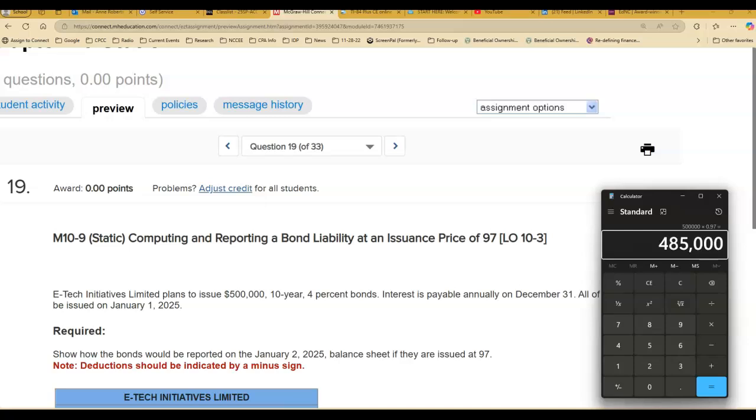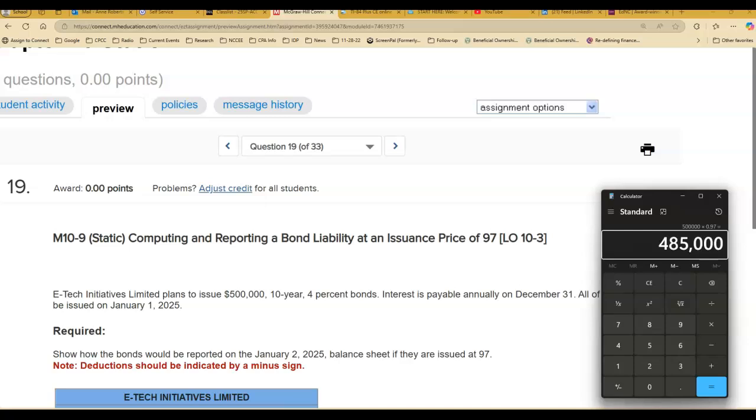Then the other piece that we have to record is the bonds payable, which goes on the books at $500,000. So we're going to have a credit for $500,000 on that journal entry. And then to force this journal entry to balance, we need $15,000 on the debit side, and that is the discount on bonds payable.